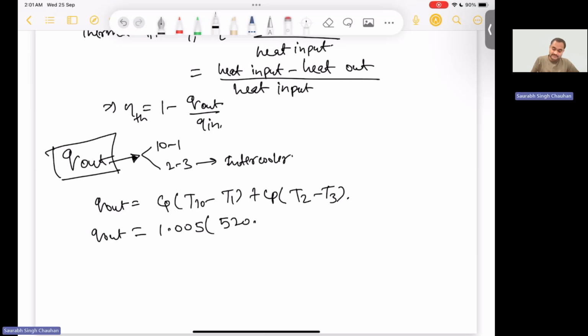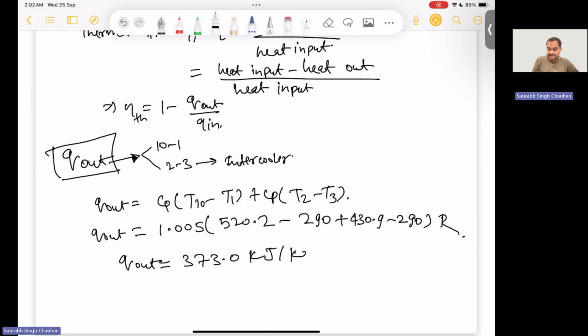I'm not writing the units. So this value is coming out to be 373.0 kilojoule per kg. This is Q out.